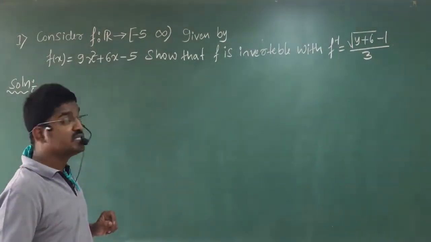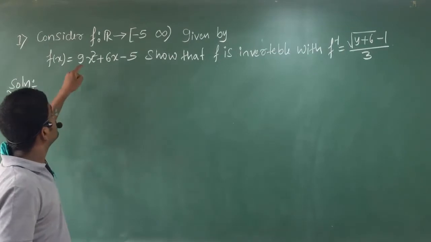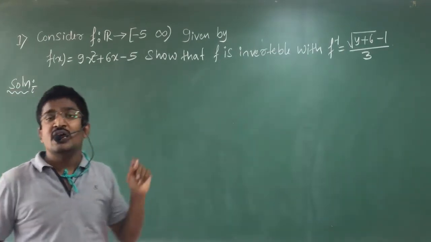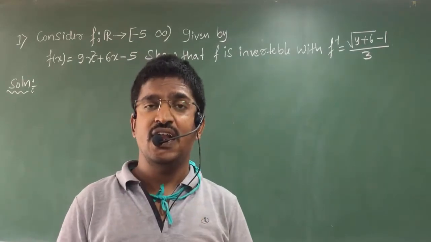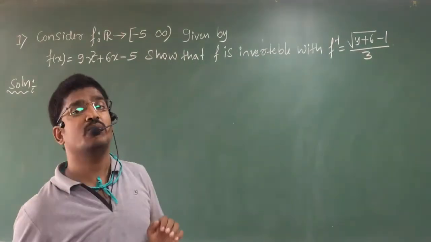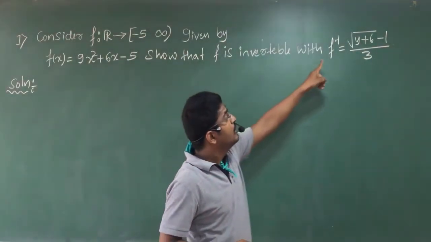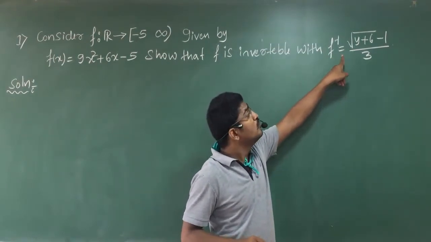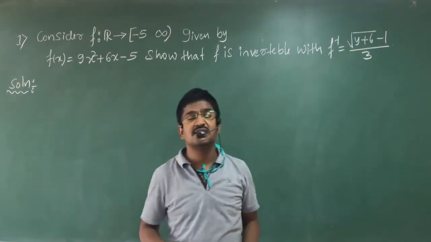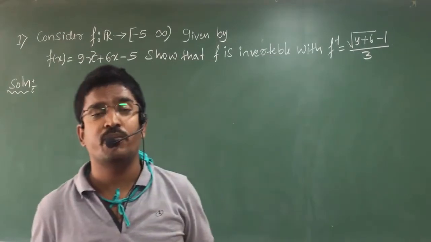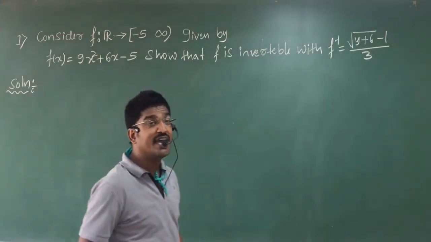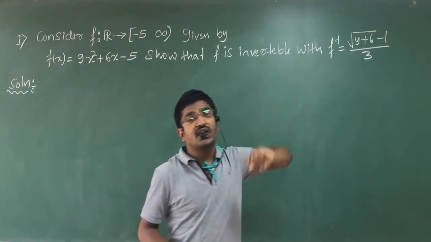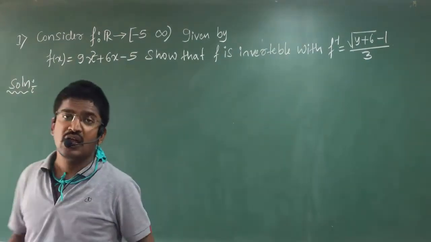Okay, that means what they are asking is, for this particular function, the inverse function is going to exist and that inverse must be f inverse equal to root of y plus 6 minus 1, divided by 3. Are you getting my point? So we have to show that this is the inverse function. Clear?